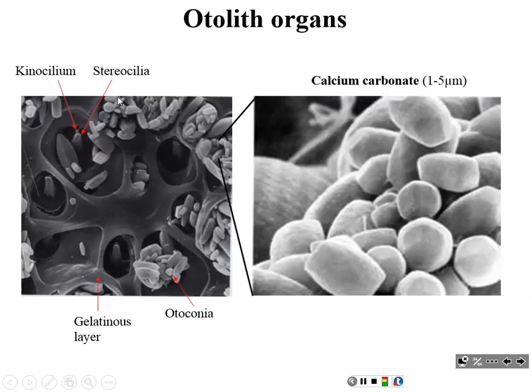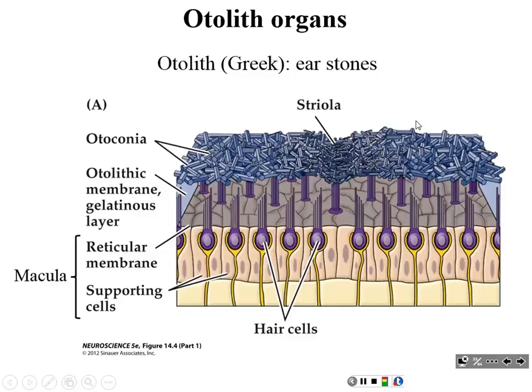Here are scanning electron micrographs showing a kinocilium over there, stereocilia in here, the gelatin-like structure, and the otoconia. And here is a higher magnification of the otoconia. Okay? So these otoconia sit on top of that gelatin, putting pressure on top of the hair cells. And if you look into detail, you're going to see that half of the hair cells are oriented one way.